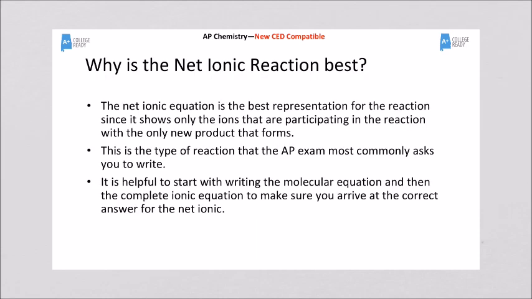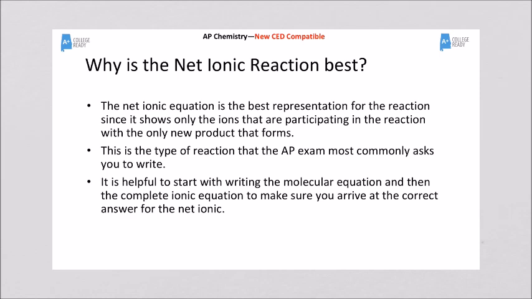And I kind of already said this, but you will be asked to write net ionic equations or reactions in AP Chemistry. And again, it's because these are the only ions in the solution that are actually reacting and forming something new.